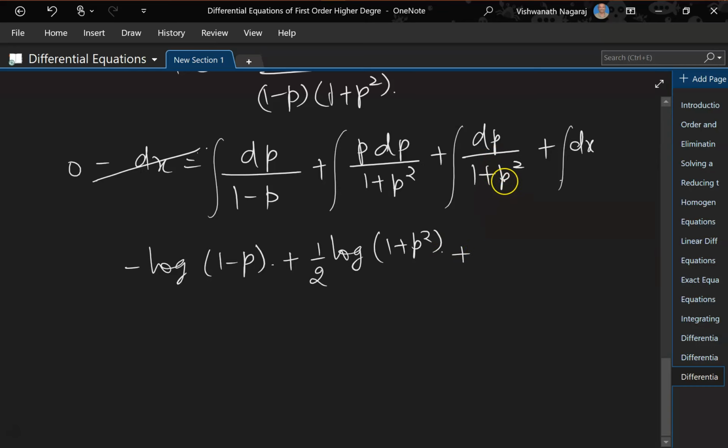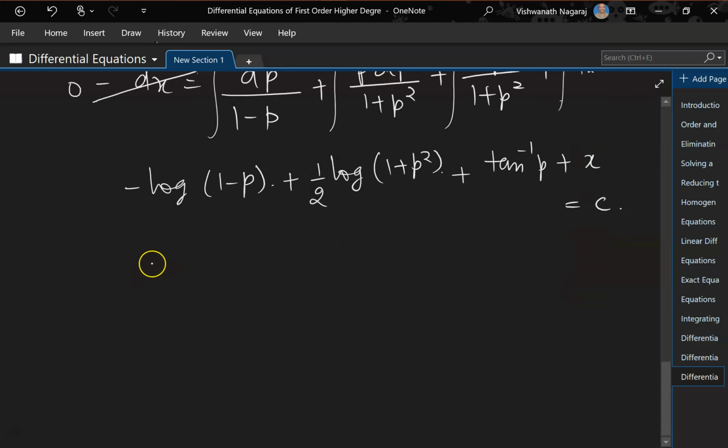Why? Because it will end up with 2 on the top. So this is actually the differential of tan inverse of p, plus x equal to c.